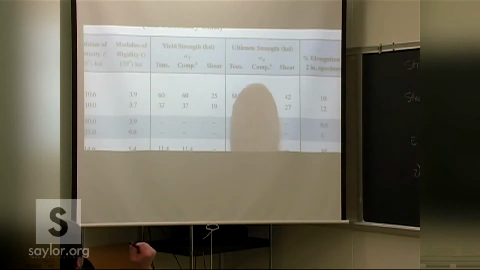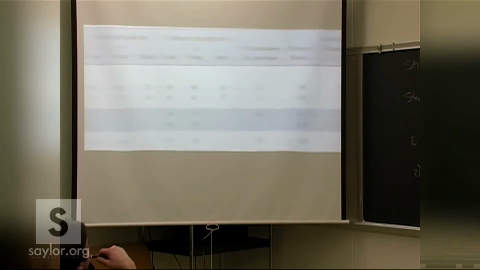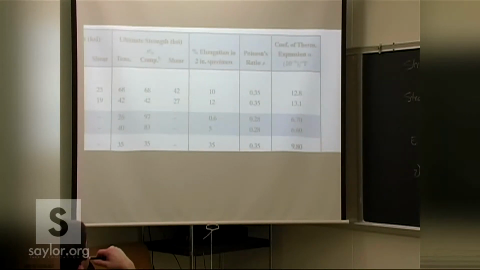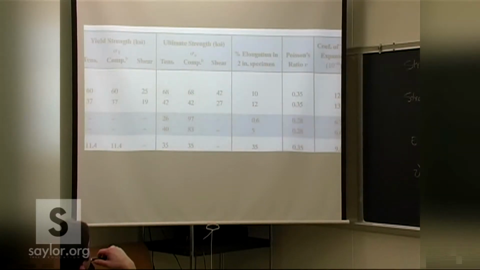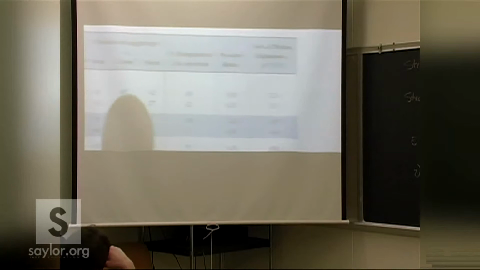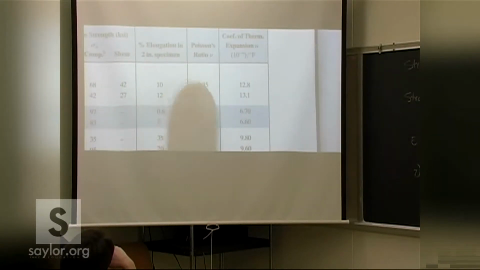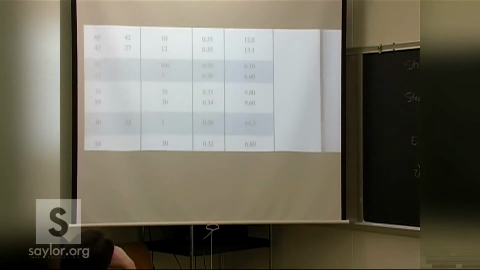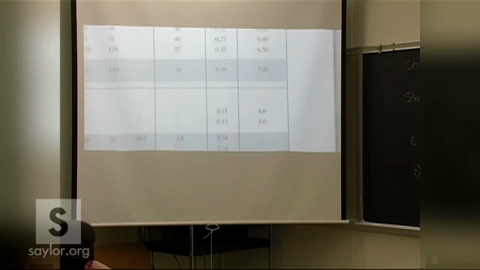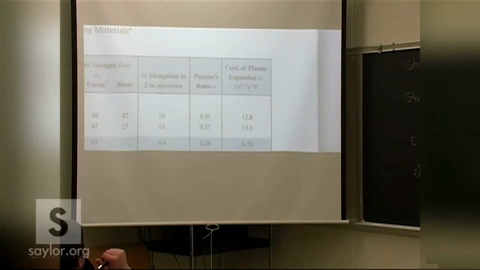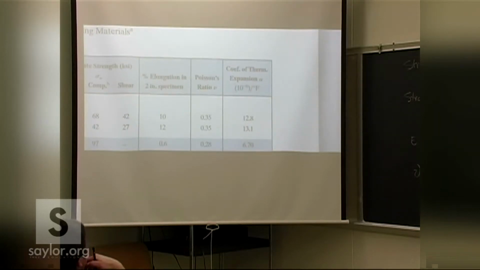Ultimate strength we're not going to use very often because we don't want to design out to that limit. Percent of elongation in a 2-inch specimen. I'm not real sure about that because I don't know if that's at the ultimate strength or the yield strength. Then there's Poisson's ratio for all these materials, and they're all on the order of a third, somewhere in that region.